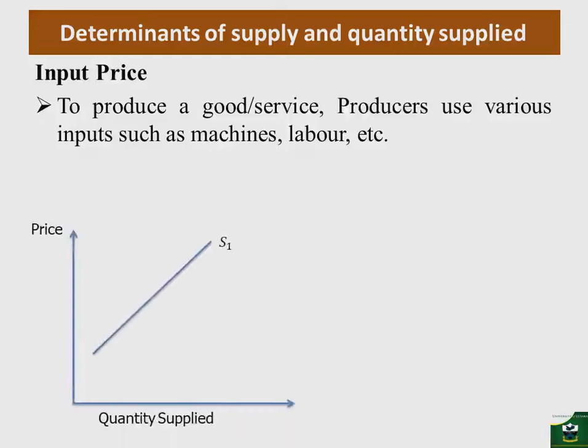Graphically, with price on the vertical axis and quantity supplied on the horizontal axis, with our initial supply curve S1, when the price of inputs reduce, the firms supply more units on the market, and therefore the supply curve shifts down and to the right. So take note, for supply, a downward shift and to the right is an indication that there is an increase in the supply of a product.